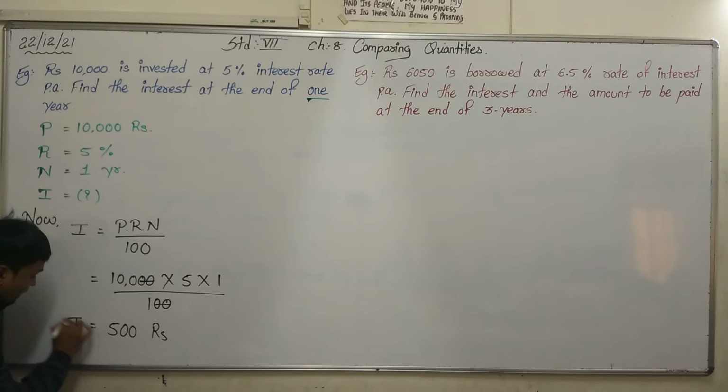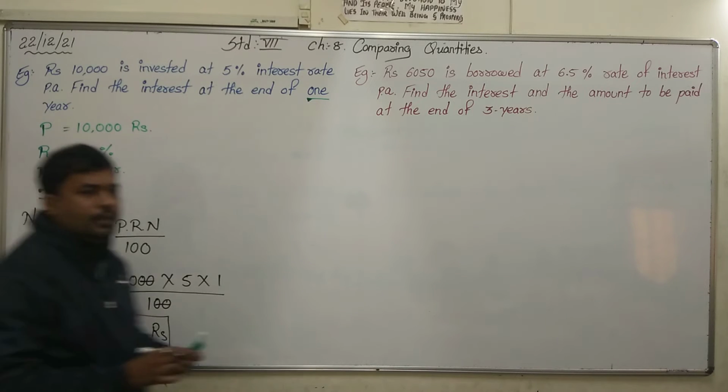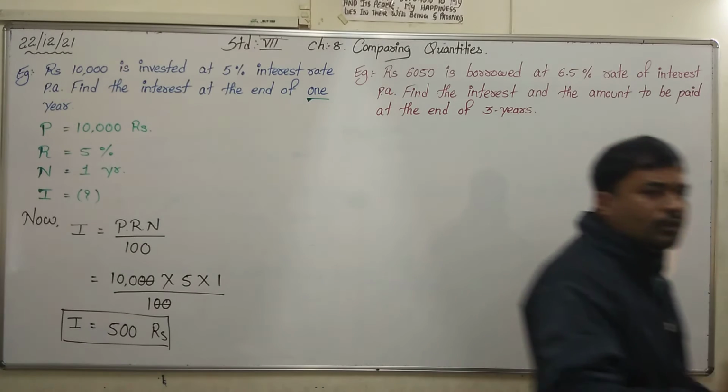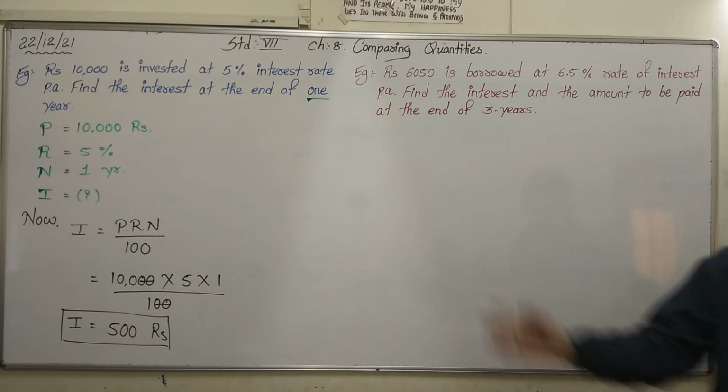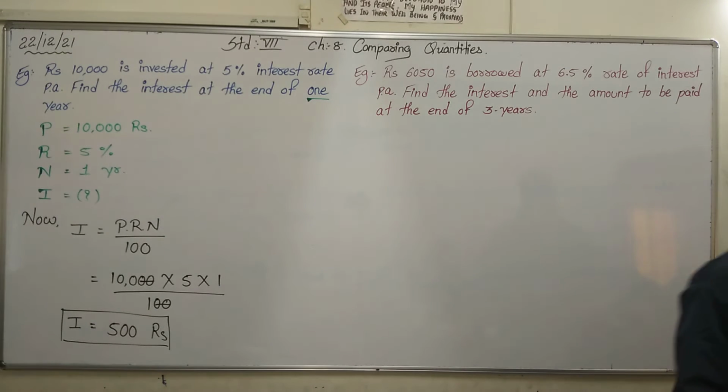So what is your interest? I is equal to 500 rupees. Whatever is asked in the question, that we have to do. If you find the amount, it is okay, no problem. You can also find the amount.